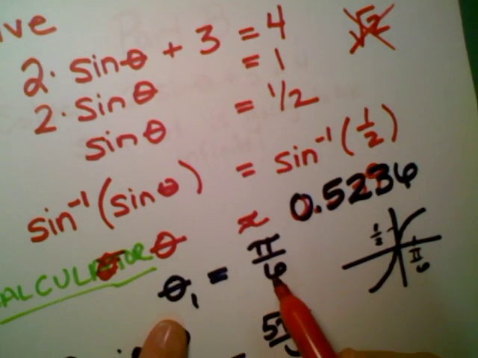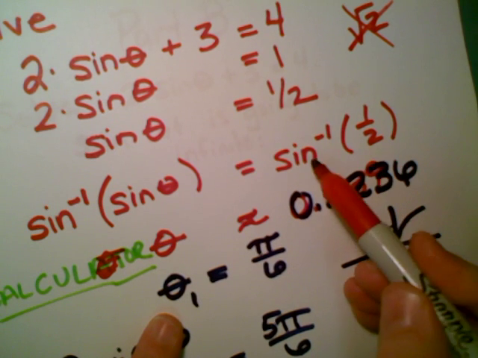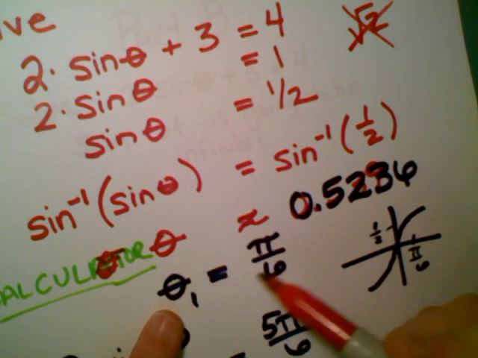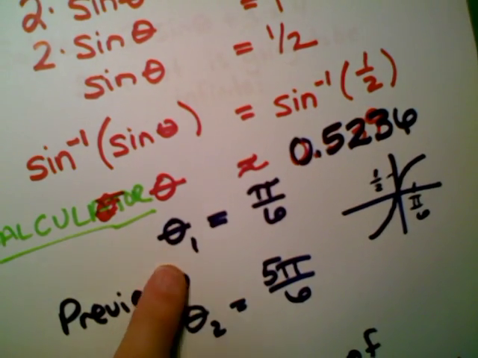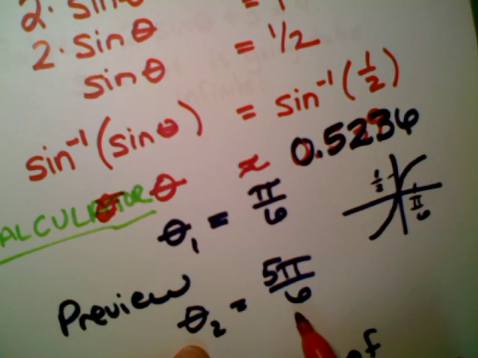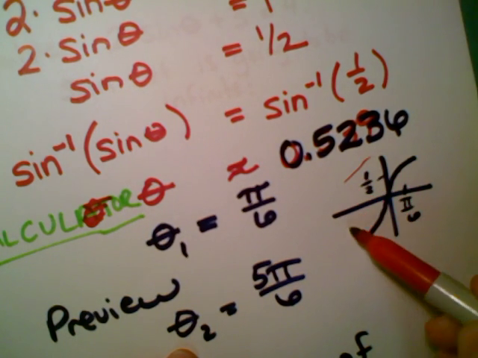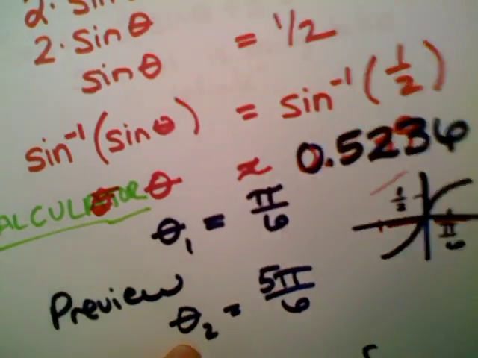Now, the more familiar we are with the unit circle, we'll recognize that if we look back and find theta such that sine of theta is 1/2, our smallest positive angle would be pi over 6 radians. At the end of the last video, I had intended to preview that there's a second solution because the domain of sine has to be restricted just to the 4th quadrant and the 1st quadrant.